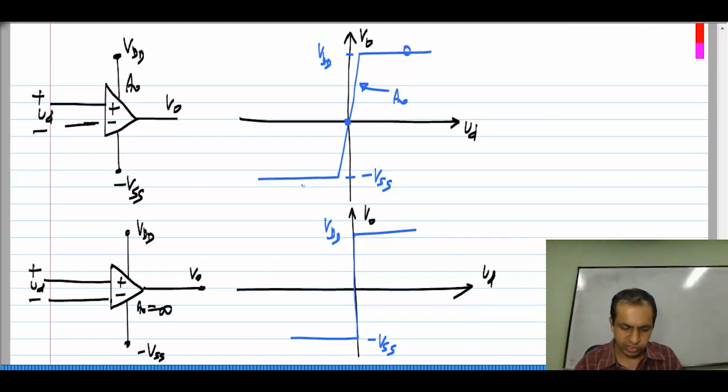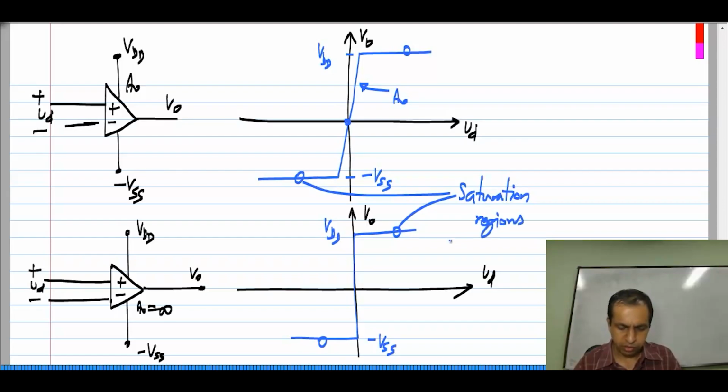So, these regions here are known as saturation regions. Now, if we want the op amp circuit to behave in the way we analyzed it before, that is, when it is placed in negative feedback, its input voltage must be very small or even 0 if we consider the limiting case of A naught being infinity.